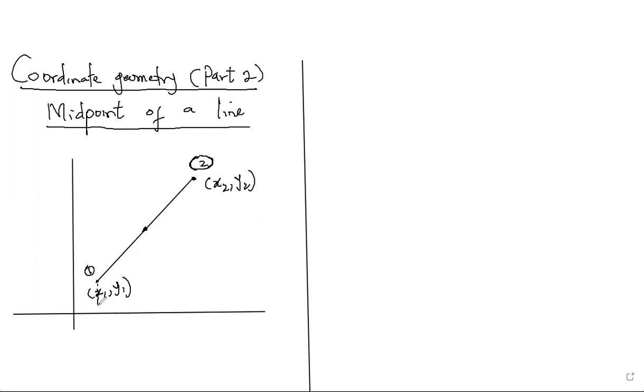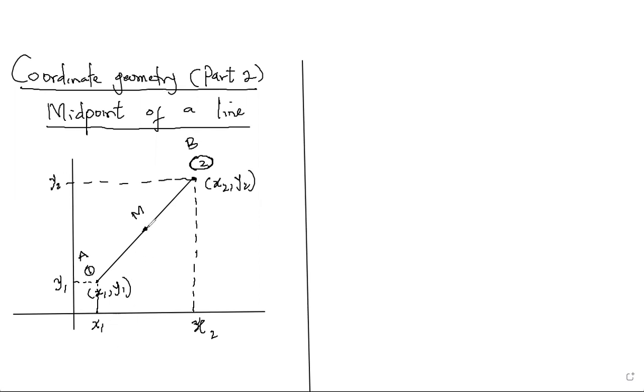So this is x1, this is y1, this is x2, and this is y2. If I call this point A, and I call this point B, and I call this midpoint point M, I'm looking for the coordinate of point M. So how do I get that?